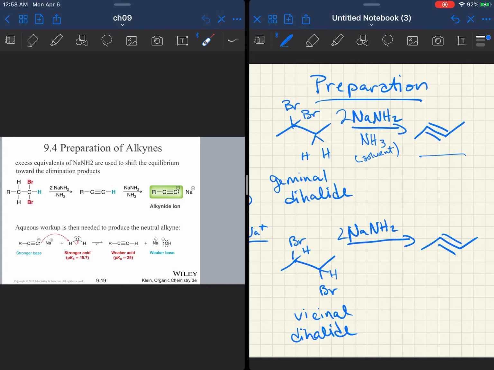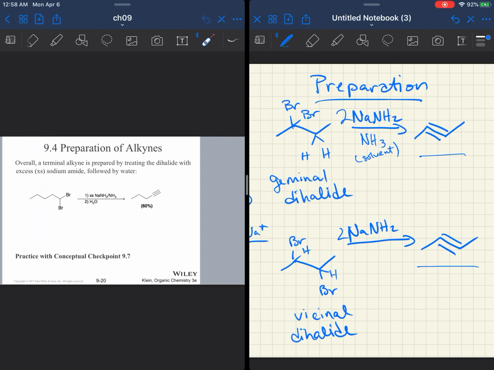If you've got a terminal alkyne, right, it may also deprotonate here. That would not happen in the examples I drew because I drew internal alkyne formation. This is just another example here. You have a dihalide. You have excess NaNH2. That was the point.